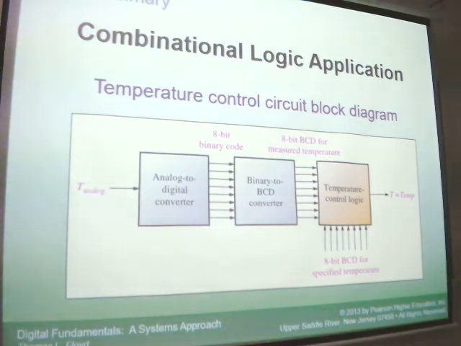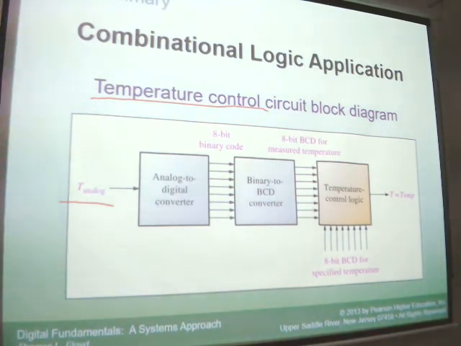Combinational logic can also be used for temperature control. This diagram is a little complicated. T represents the temperature. It is an analog signal.